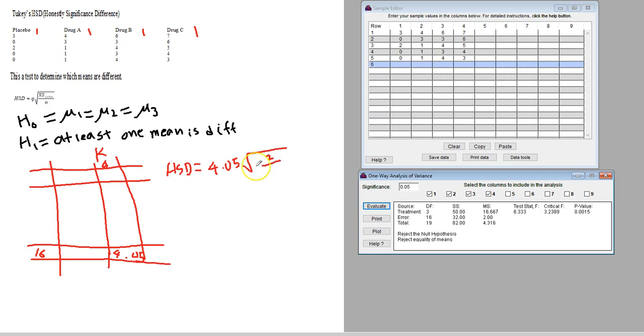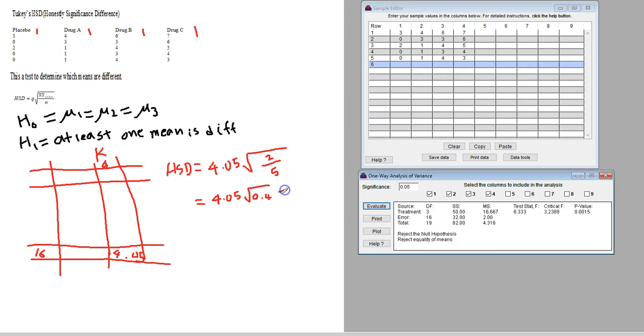Then the small n is the number of items you have in each sample. That would be 5, right? So we're going to put 5 in there. So that becomes 4.05. Then this comes out to be 2 divided by 5, you got 0.4.